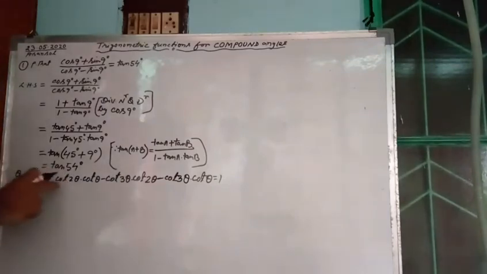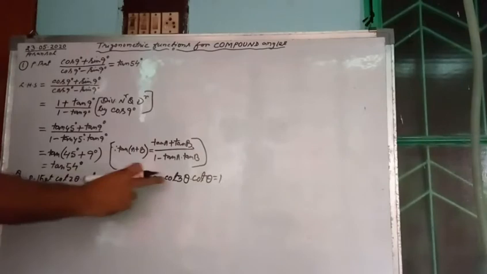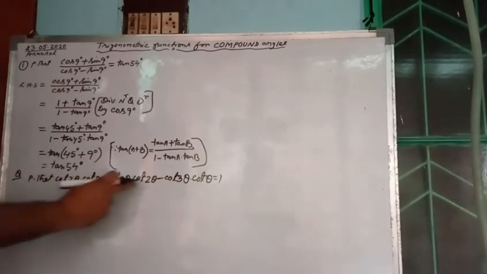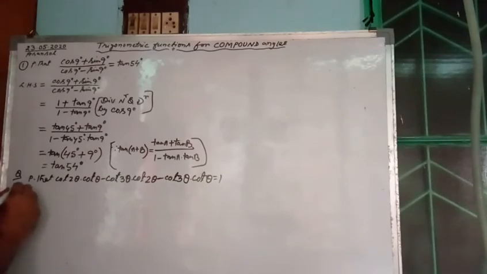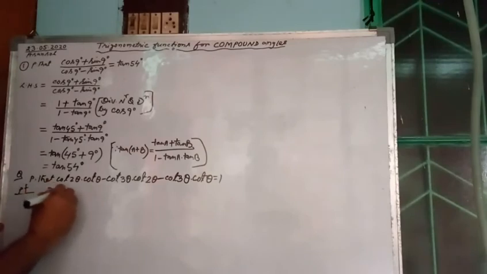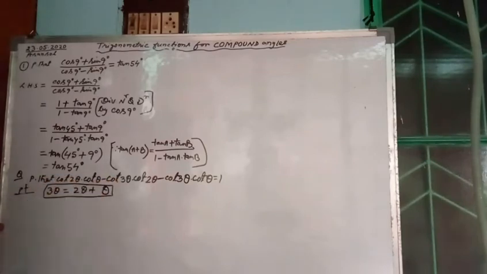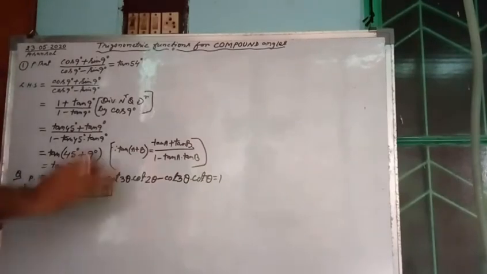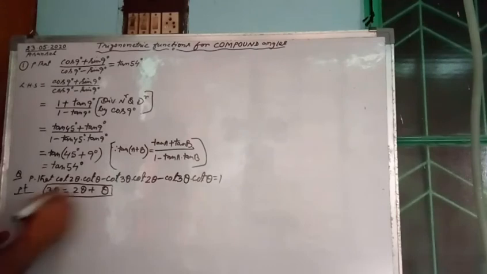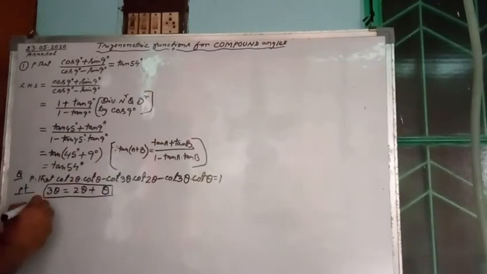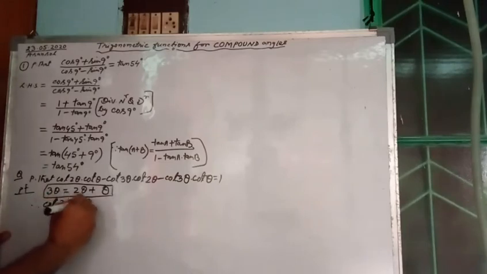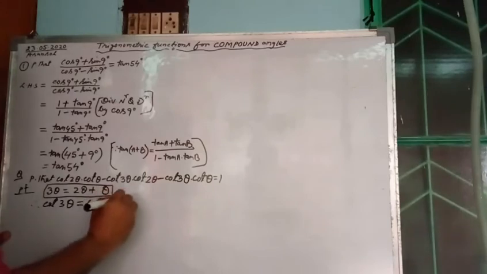in this type of problem, it can be easily seen that 3 theta is equal to 2 theta plus theta. Proof. See here, 3 theta is equal to 2 theta plus theta. From the question it can be clearly seen that 3 theta is equal to 2 theta plus theta. Then you simply take cot, because you have to bring in terms of cot. Take cot on both sides, so cot 3 theta can be written as cot of 2 theta plus theta.